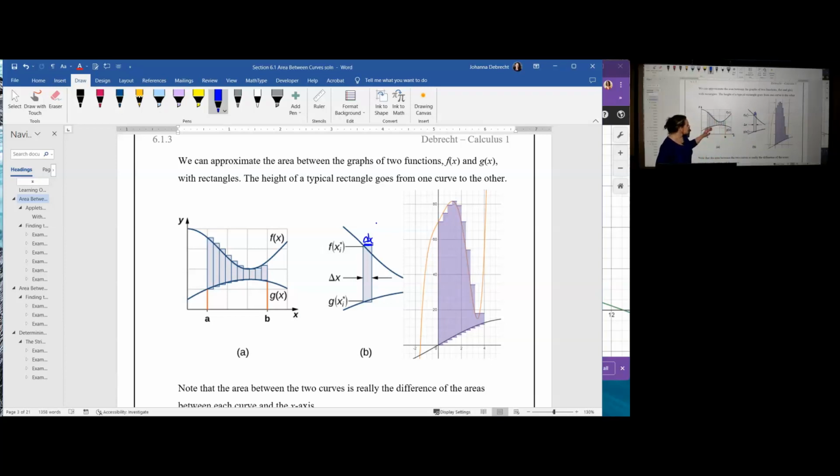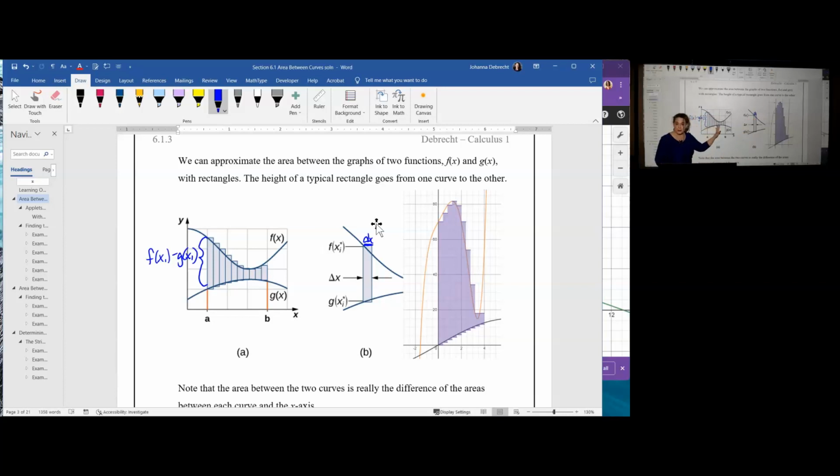Then you can see that the length of the strip is actually the y value of the upper function minus the y value of the lower function. So the length of the strip coming right here becomes f of x sub 1, say, minus g of x sub 1. In order to find the area of the strip, we multiply the height or length of it by the differential dx.